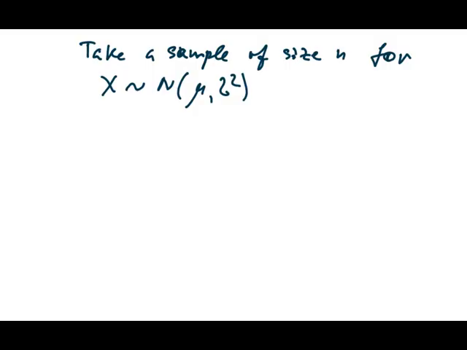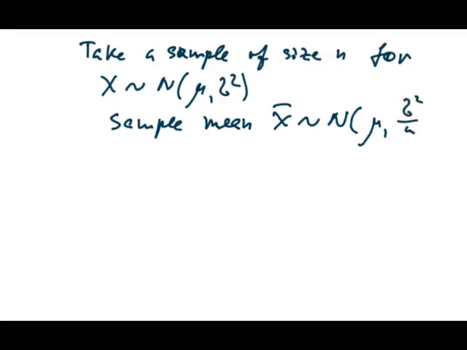Then the sample mean x bar will also have normal distribution, as we discussed in lecture 22, with mean value mu and variance sigma squared divided by n. And now we can put it the same way. If we extend what we know about x and z, we can put it like this.